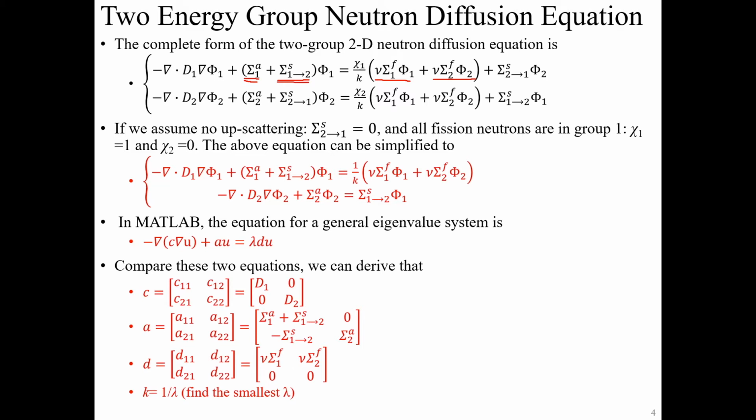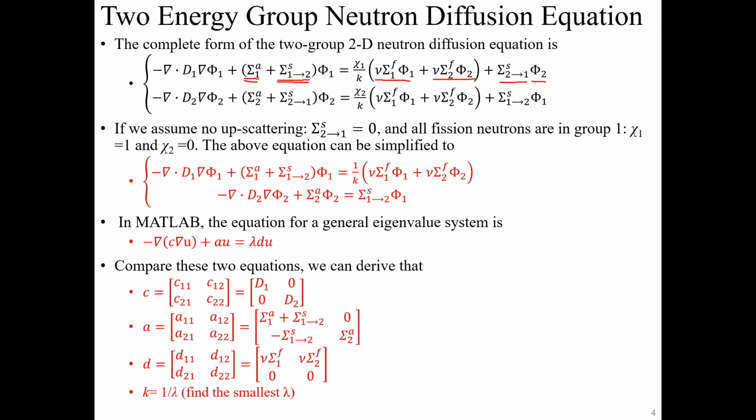For this energy group, we may also acquire some neutrons from another energy group. For example, in this case, we have upscattering. The group 2 neutron undergoes scattering, then it becomes a group 1 neutron. So those will be the additional terms for the two-energy group.